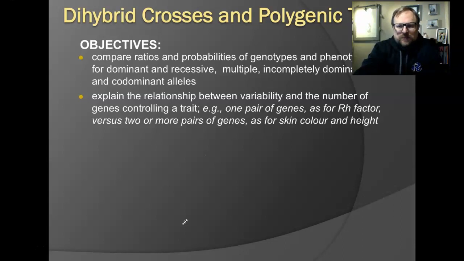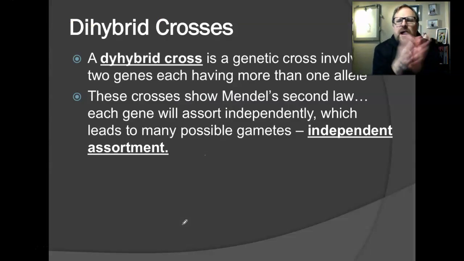So a dihybrid cross is what we have when we're looking at two genes at once, and each of those genes or each of those traits has more than one allele. We're going to keep it relatively simple.